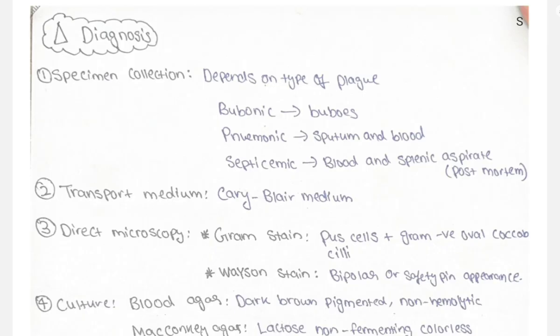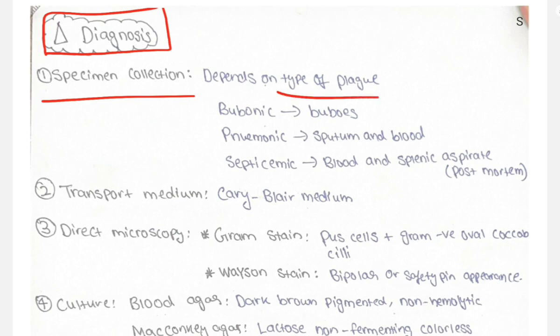Finally, coming to the most important thing, if you don't know anything, at least remember this: the lab diagnosis of plague. For every lab diagnosis, the first step is specimen collection. How do we collect the specimen? It depends on the type of plague. If it's bubonic, we take the aspirate from the buboes. If it's pneumonic, then sputum and blood.